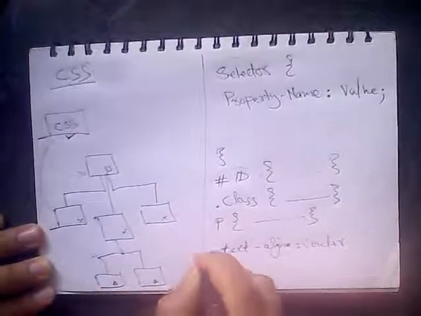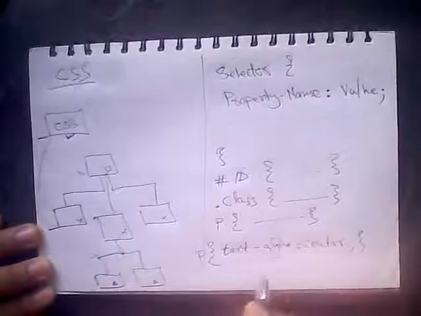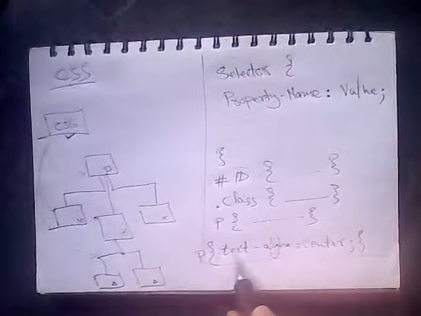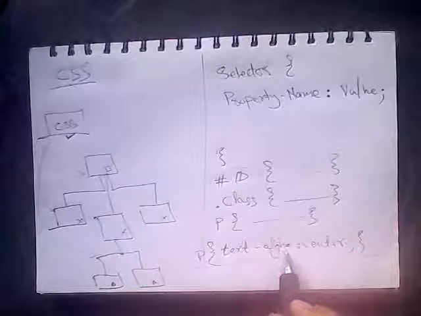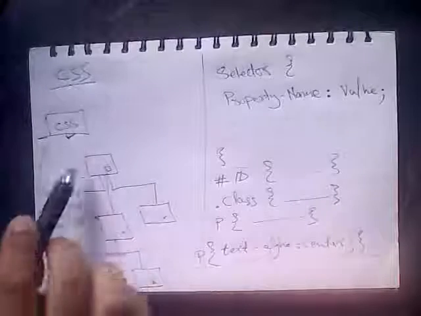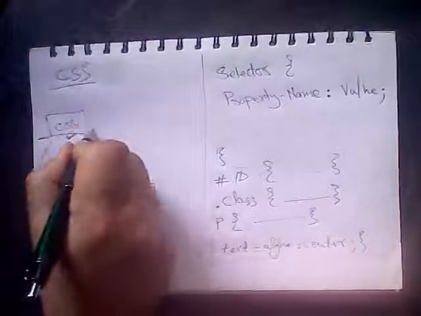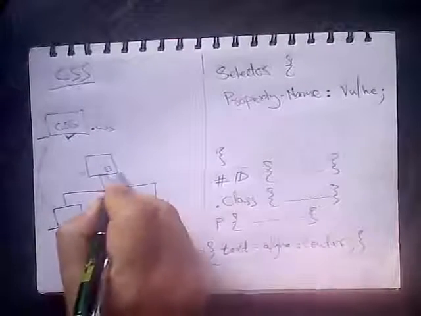So if you put like that, this code will center all the paragraph tags in your HTML document. But you will need to know how to include these files, these CSS files, or these files are extension as .css, into these HTML files.